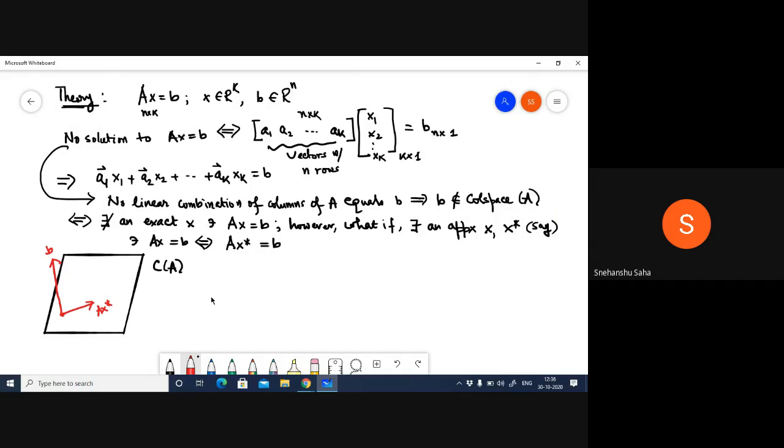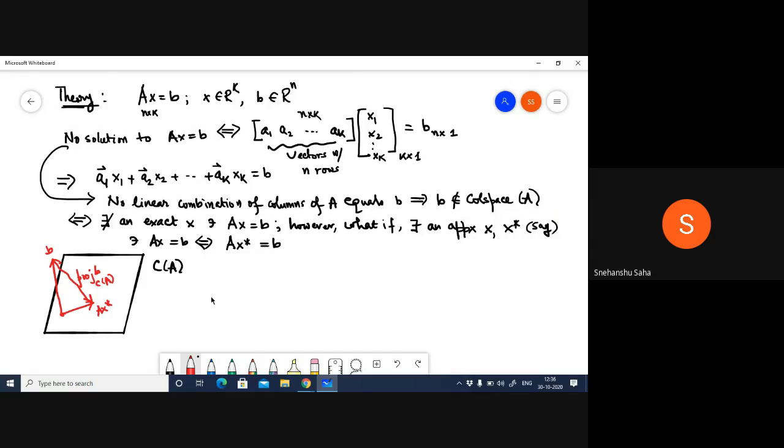But as Pawan rightly pointed out, we could have a projection of that vector in the direction of Ax star. That could be something like this. This is nothing but what we have seen in the Gram-Schmidt orthonormalization process: a projection of the vector B back onto the column space. So we have to figure this out.